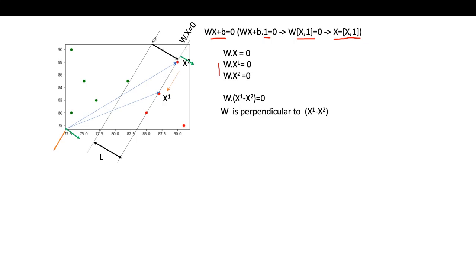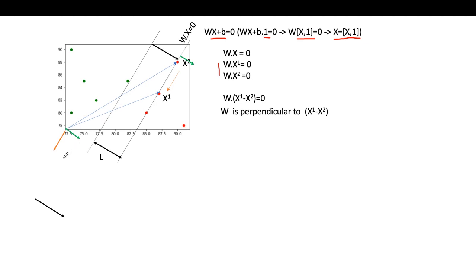Again, to find the width, it should be perpendicular to the parallel lines. It's in the direction of x2 again, so it can be drawn parallel to w, perpendicular to the plane, and its length is L, whereas w's length is unit length.